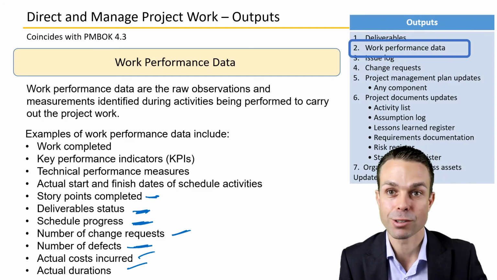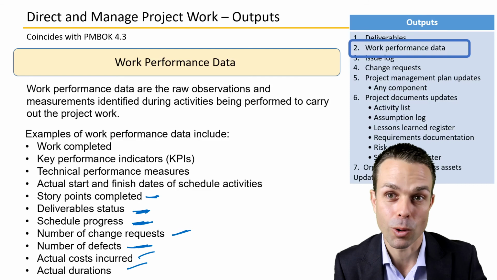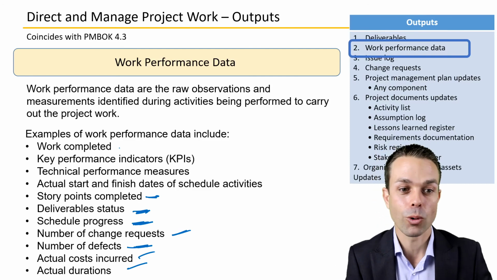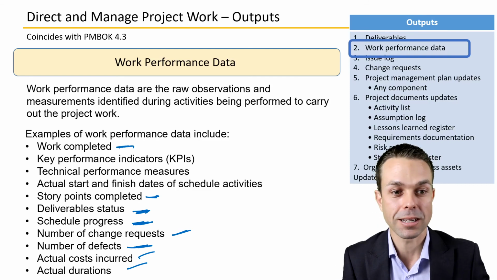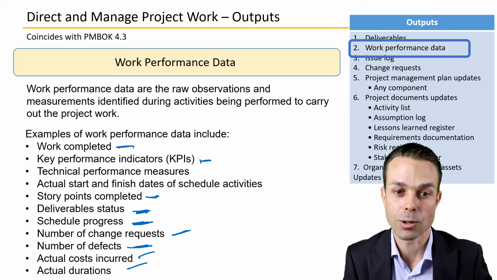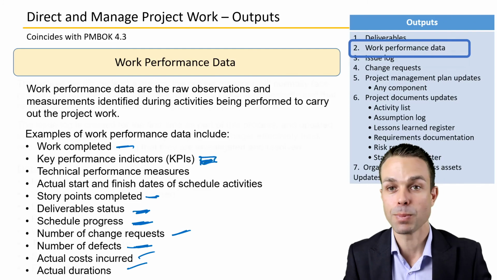So what's the actual cost of our project, and is it on track with what we had planned? And of course, just the general work that's been completed and any key performance indicators that we are working towards as part of our project.